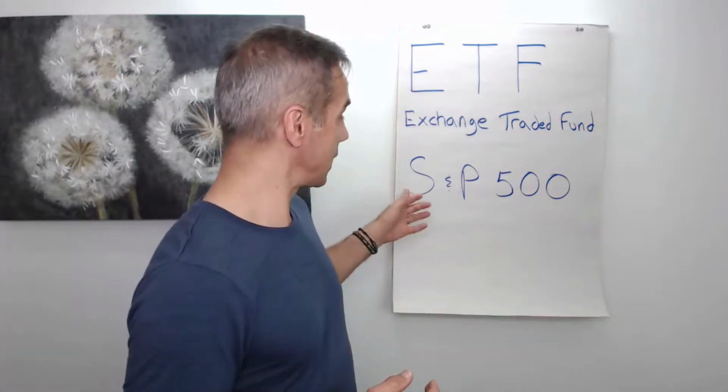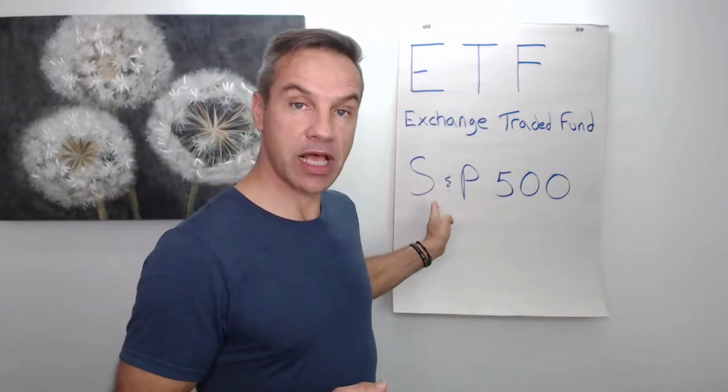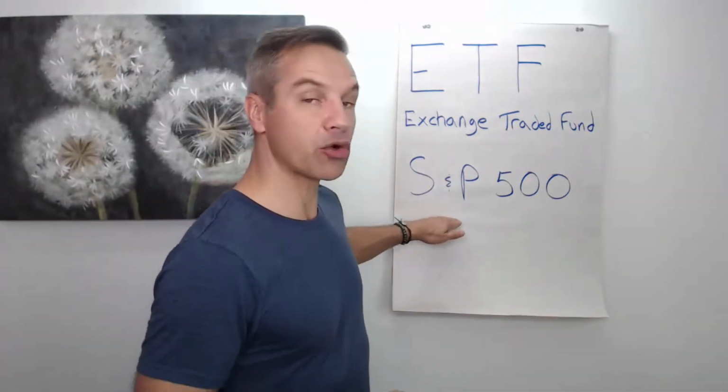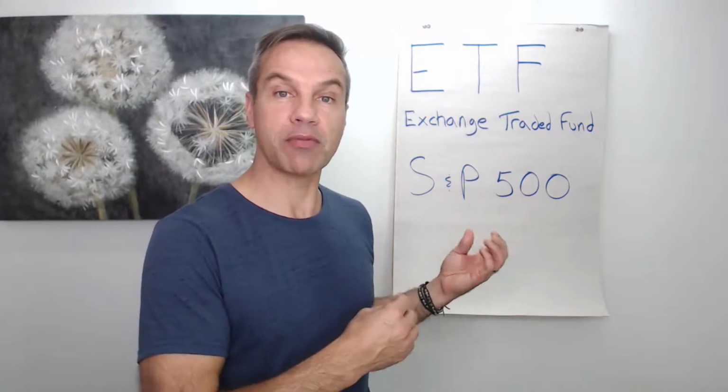So in this case, Standard & Poor's has created the index, the Standard & Poor's 500, which is the top 500 companies traded on the US stock market. And BlackRock, for example, is one of the largest ETF providers in the world. They have an ETF, an exchange traded fund, that mirrors the S&P 500. And inside of that is a fee that BlackRock collects for providing that trading mechanism for you inside your brokerage account.